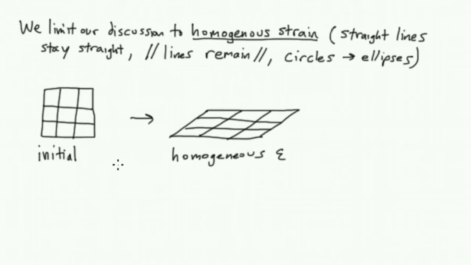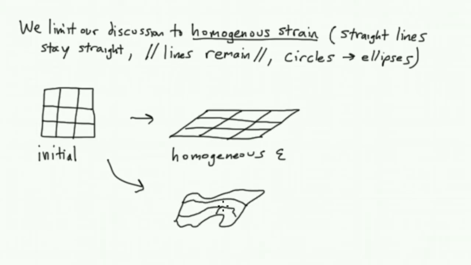Alternatively, if we turn the thing, kind of crumple it up, those lines that were initially straight are no longer straight. They're no longer parallel. This is inhomogeneous strain.